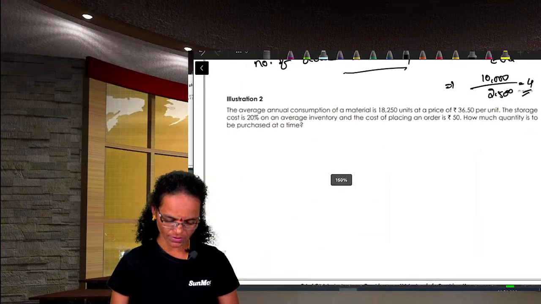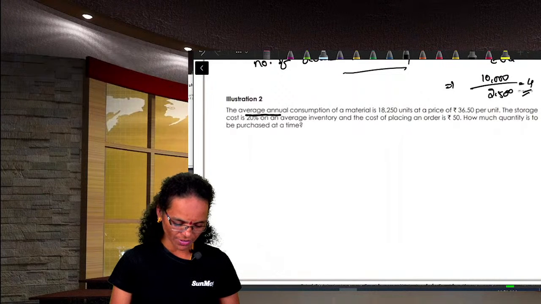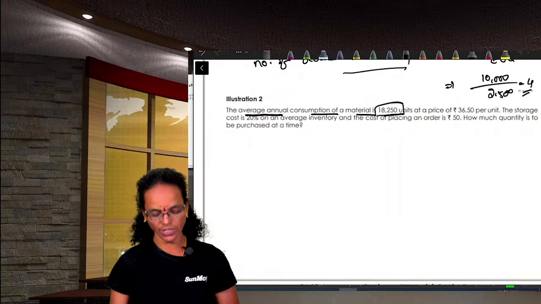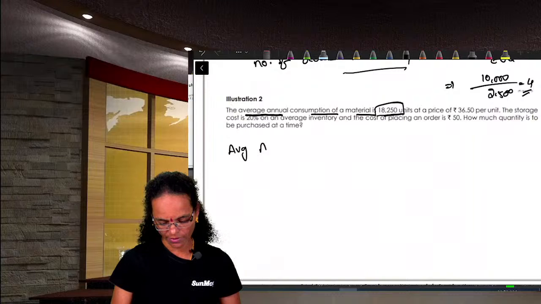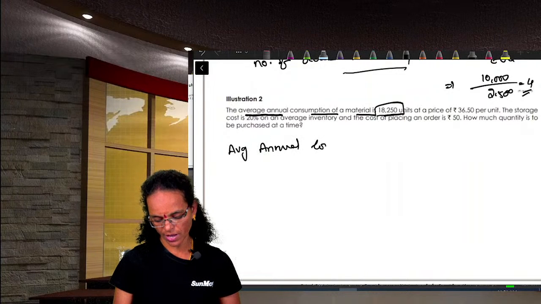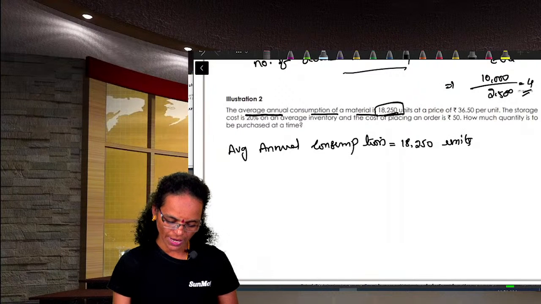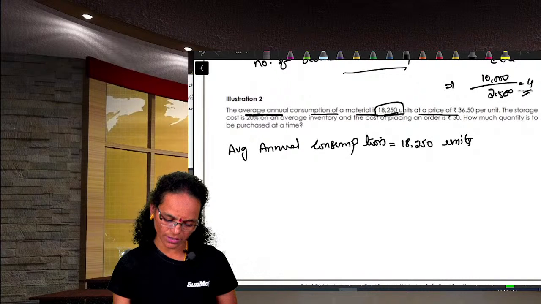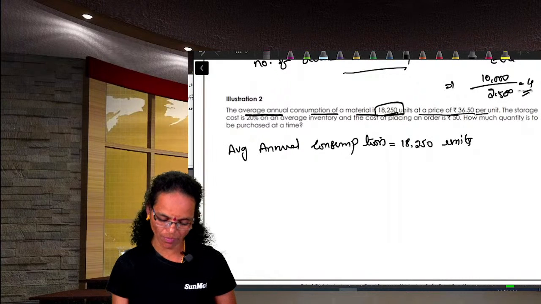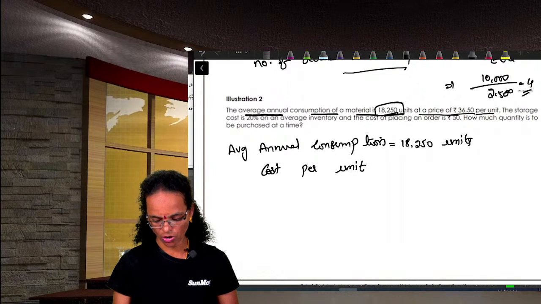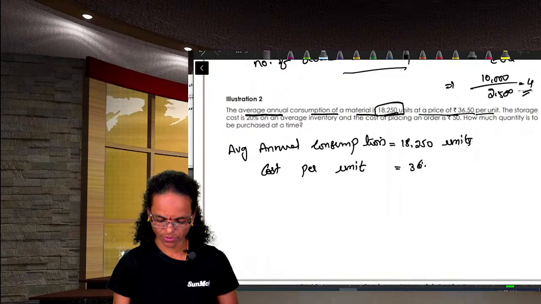Here, the average annual consumption of a material is 18,250 units, at a price of 36 rupees 50 paisa per unit. Cost per unit is 36.5.